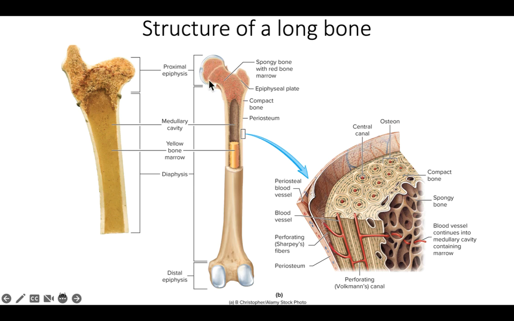But you've got to have a little cartilage there in order for the bone to grow in length. Once these bones have stopped growing, it's no longer a plate, and it's called an epiphyseal line. That's how we determine whether someone's bones are still growing or not: whether they have an epiphyseal plate with cartilage, or if that cartilage is gone, and it's called an epiphyseal line.